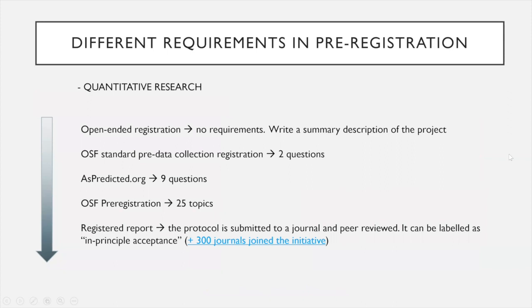So let's see a bit about the different requirements in pre-registration. As we were talking about, sometimes it's easier to start with simpler possibilities. For quantitative research, for instance, we have this open-ended registration that has no requirements. We can just write a simple summary of the project.